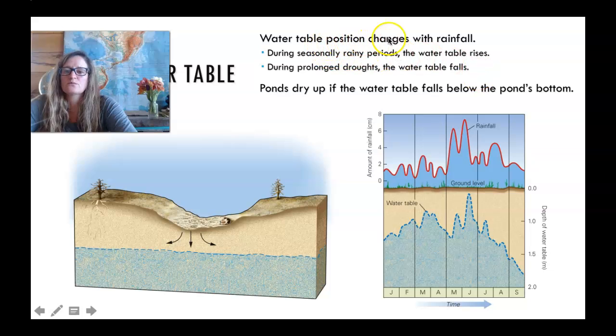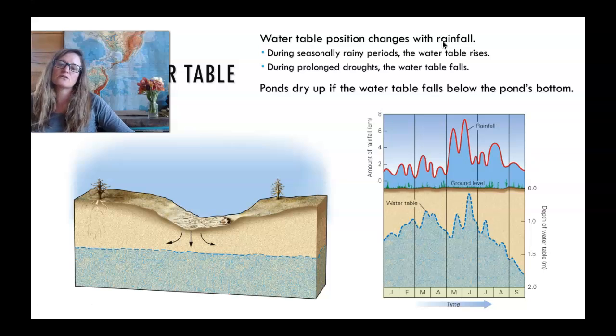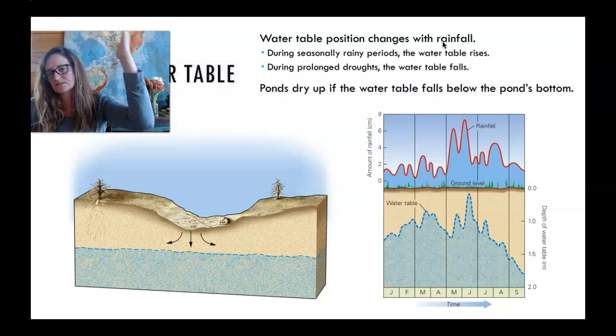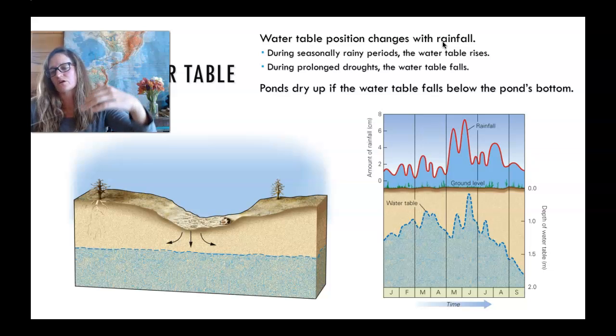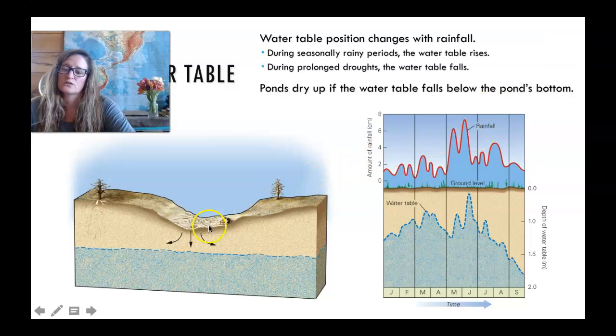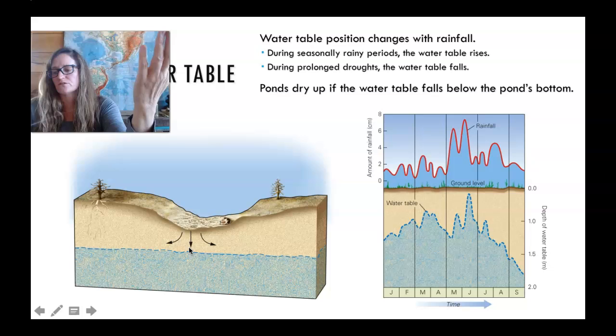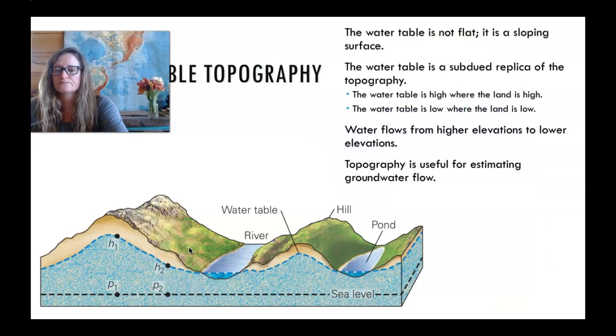So water table position changes with rainfall. During seasonally rainy periods, the water table rises. It's closer to the Earth's surface. And then when we have drought, the water table is going to drop. So this image here shows what it would look like if this was a pond or a river, and then we had a drought, the water table drops, and then the pond or river there dries up.